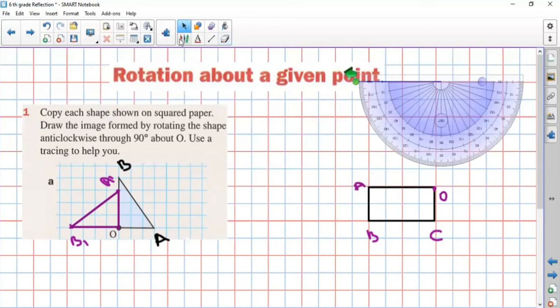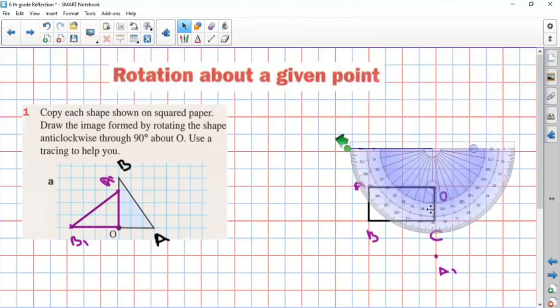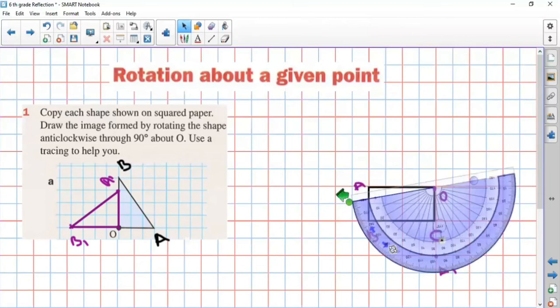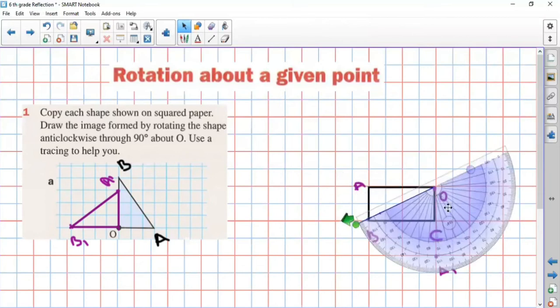So A1, since it is 4 squares, again it will be 4. A1 will be exactly here. The same thing we can complete for the other side. So I will go at B. 90 degrees, it will be in this direction.